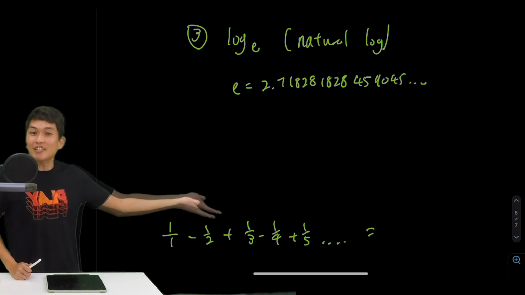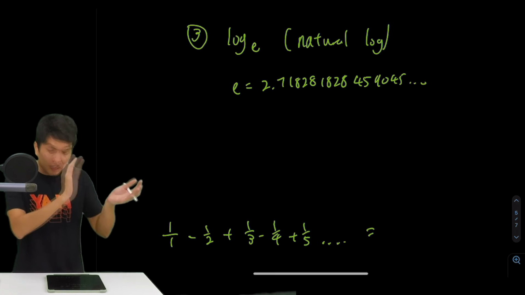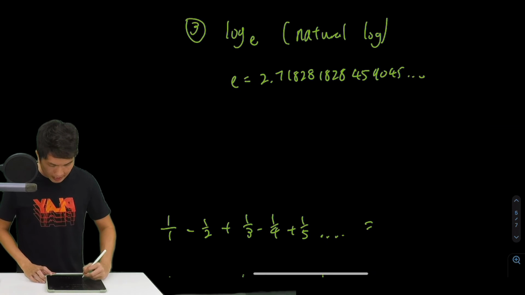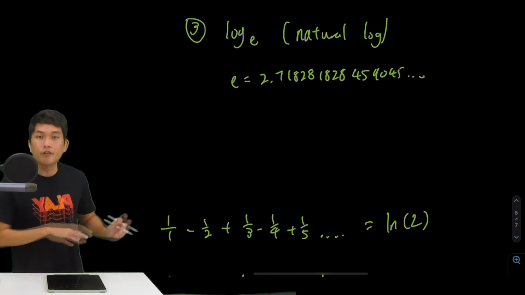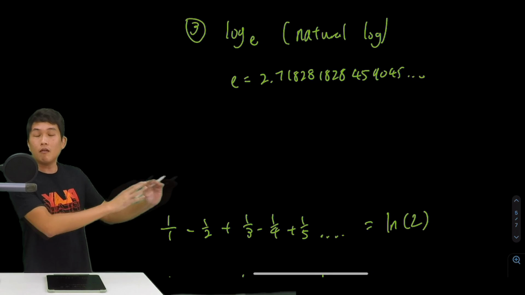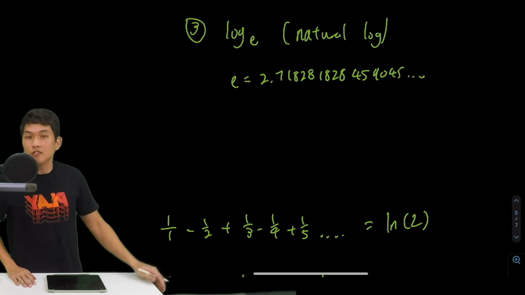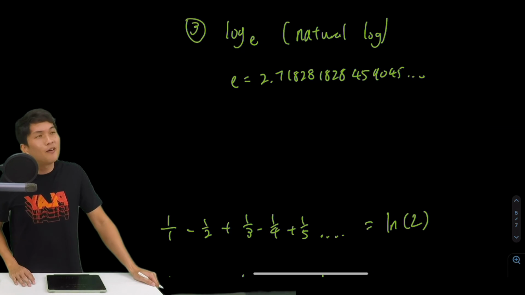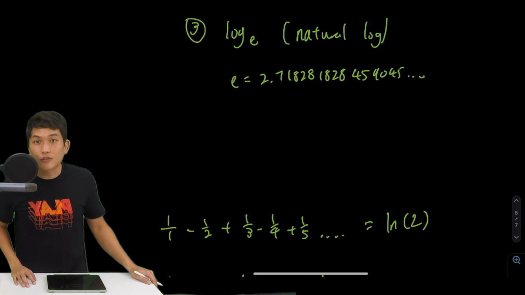Alternating signs, and then you increasing in the denominator. The answer to this, right, is natural log 2. Okay, by the way, this dot dot dot means that you carry on forever, right? You use all the natural numbers, which nobody knows when it ends. It just goes on infinitely. Yeah, this will get you natural log of 2. Like, how does that happen, right? But yeah, that's why it's natural log.